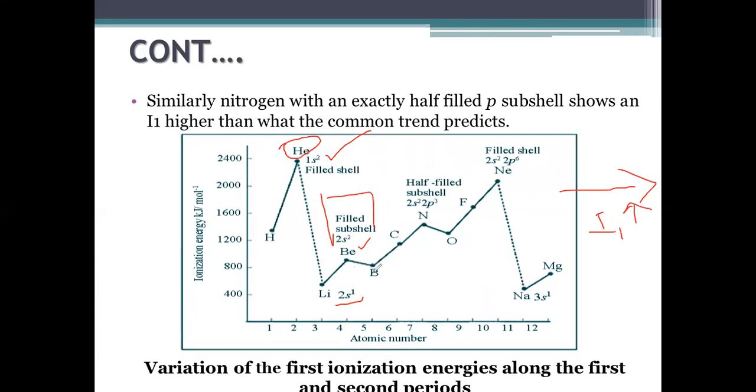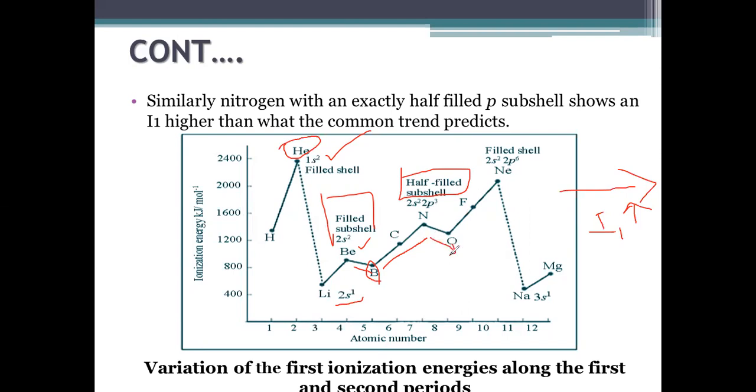Again, boron gets lower. Then it increases slightly, and nitrogen has a half-filled subshell, so that will also show a little bit higher ionization energy.